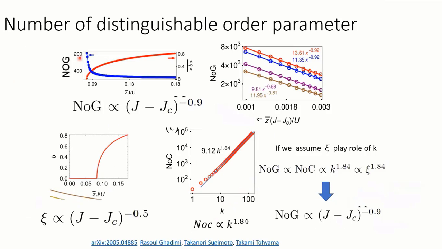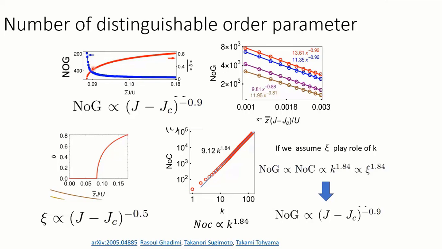Actually, here I show NOG, the number of gaps, in terms of the hopping strength for a large threshold of gap detection. So even if you choose a very large threshold for finding the gap in the data, you can see some scaling behavior in this system.